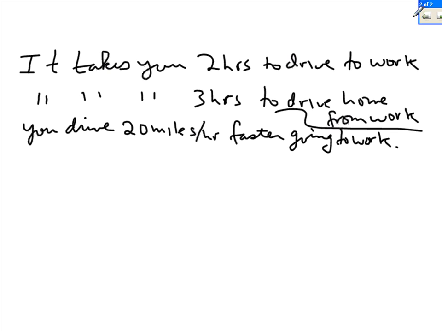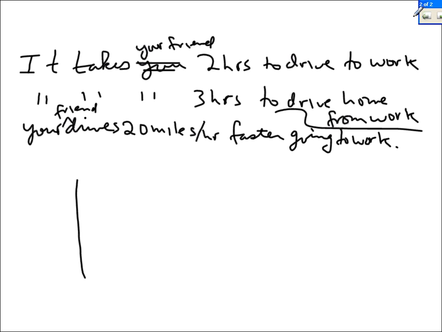How fast do you go to work and how fast do you come home from work? How about we say it takes your friend. Your friend drives 20 miles per hour faster going to work. How fast does your friend drive to work? How fast does your friend drive home from work?